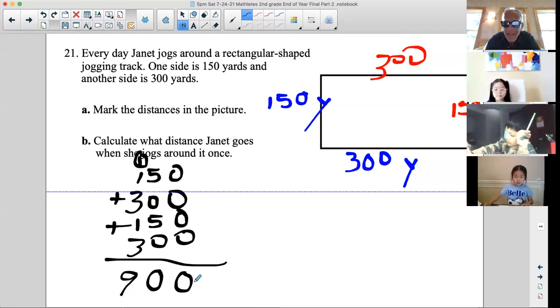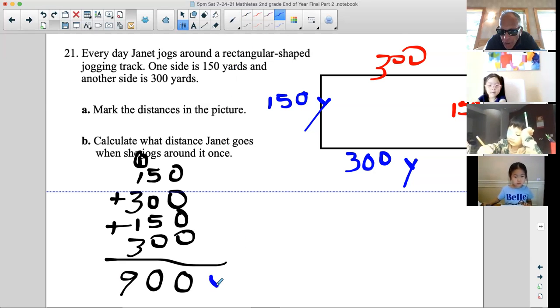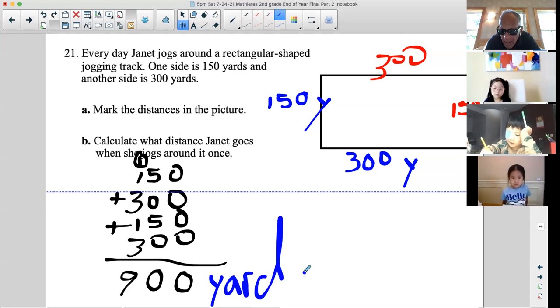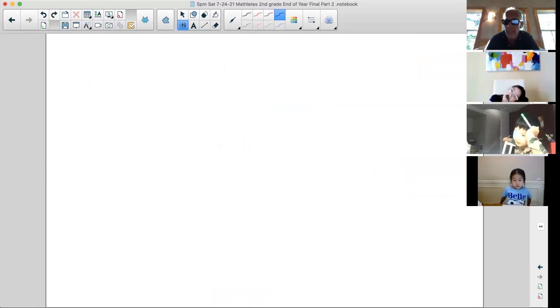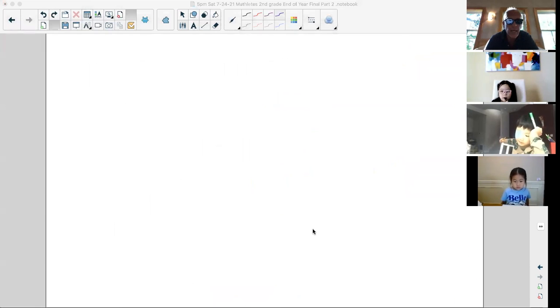Therefore, Janet goes how many yards around the track? Yards. Yes, you guys are correct. The answer is 900 yards. Did she run a long distance? She really did.